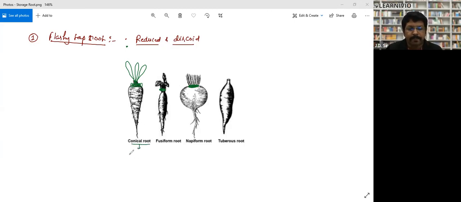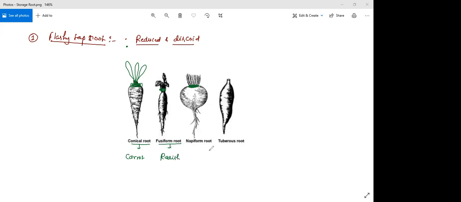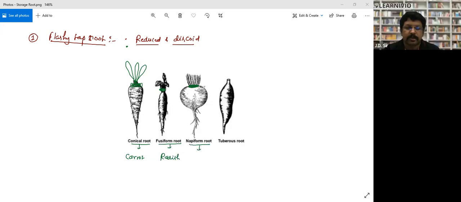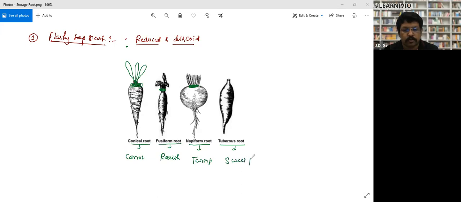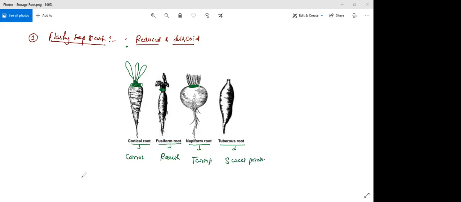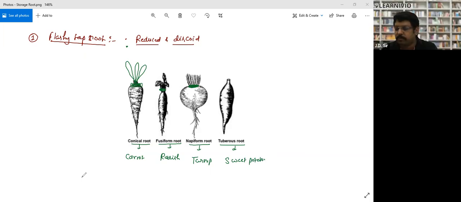Conical root is found in carrot: the upper part is wide and the lower part tapers narrow. Fusiform: the upper part is smaller, the central part is swollen, and it tapers below. This shape is called fusiform, as in radish. Napiform is turnip. And tuberous root is sweet potato. Very good. Take a screenshot, fleshy roots. So this was the first modification of root.